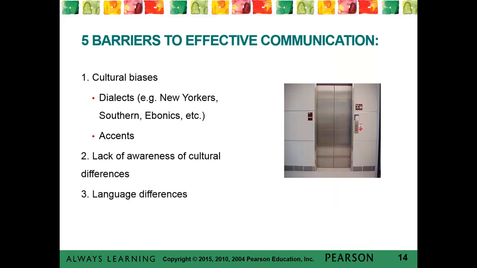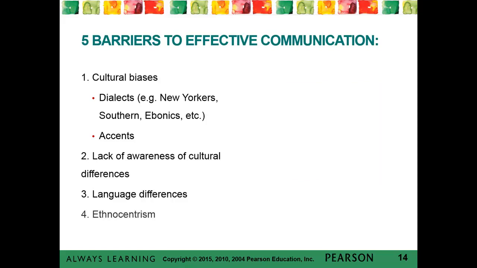The author also talks about language differences, like the words we use in one culture may signify something else in another culture. We refer to the image on the right of your screen in the US as an elevator, but in parts of the United Kingdom, elevators are referred to as lifts. So if you are not aware of these language differences as you travel abroad, it can be a barrier to effective communication.